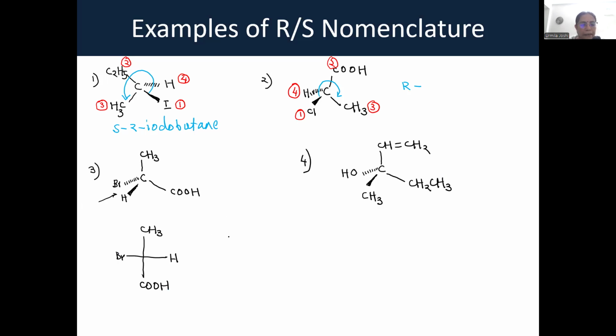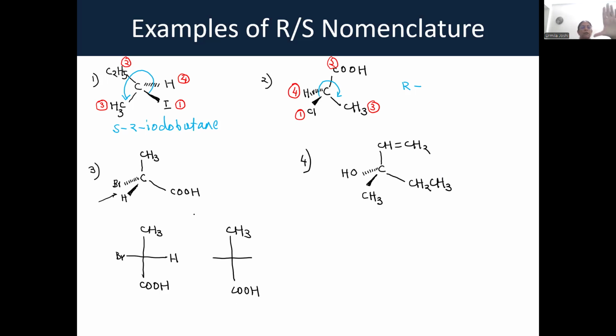As against that, if you use that hand-holding method, still CH3 and COOH will be like this. Which hand you will be using? You will be using your left hand so that CH3 and COOH are covered in an angle.